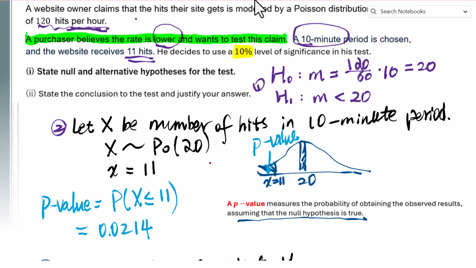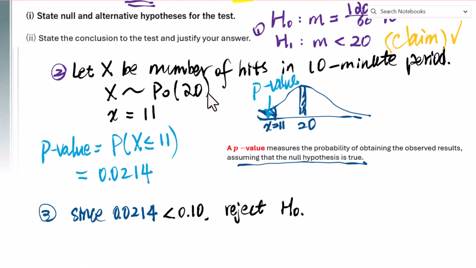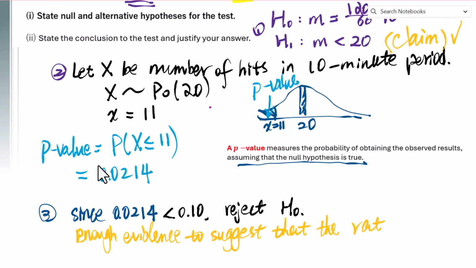So H1 is the claim. Since we reject H0, we are in favor of H1. Claim with a check means we have enough evidence to suggest that the rate is lower.